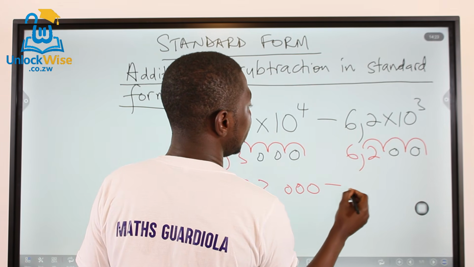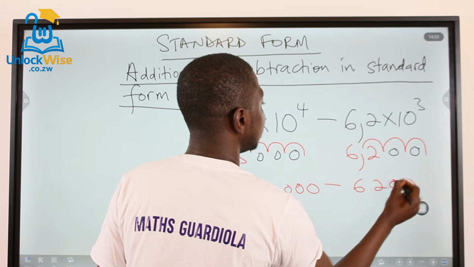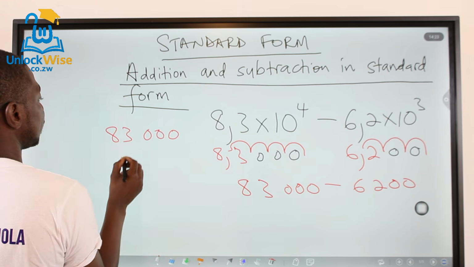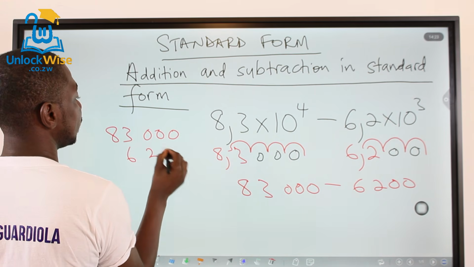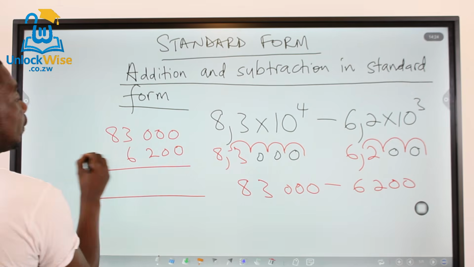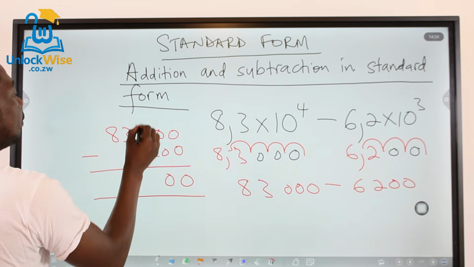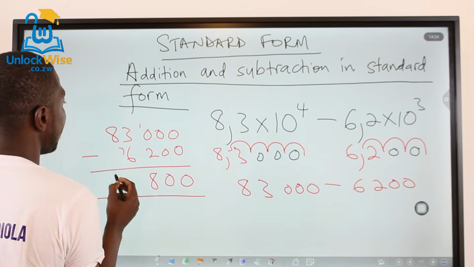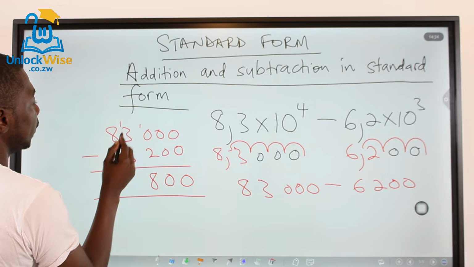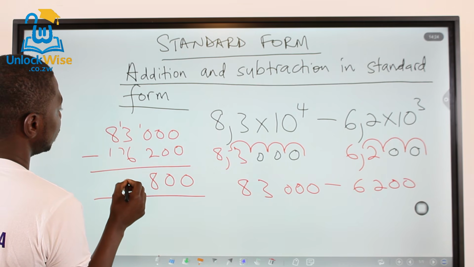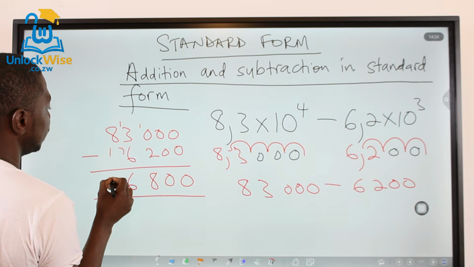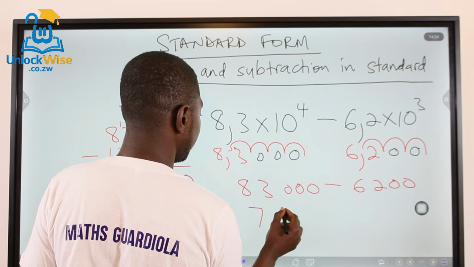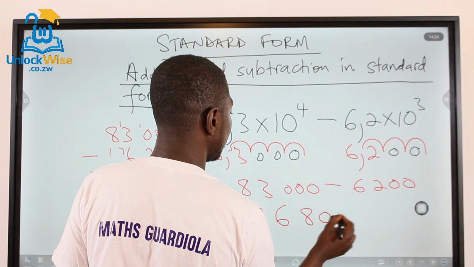Right? So basically we have 83,000 minus 6,200. And this will give us 76,800.